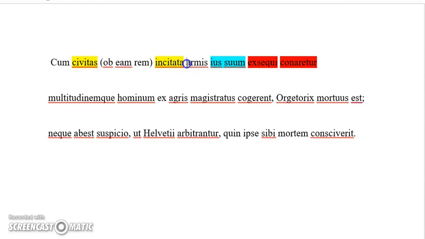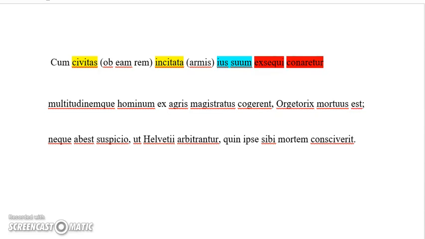By arms. And I would use inflict for insequi. Remember, conatur is a deponent verb, so we would translate that actively.